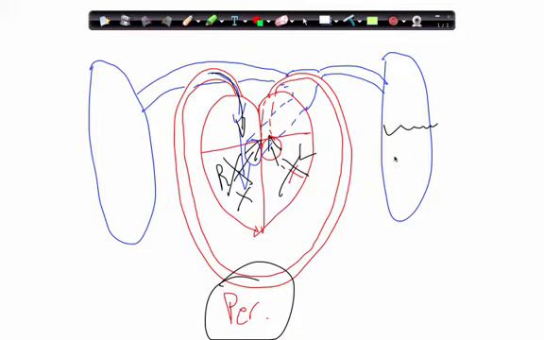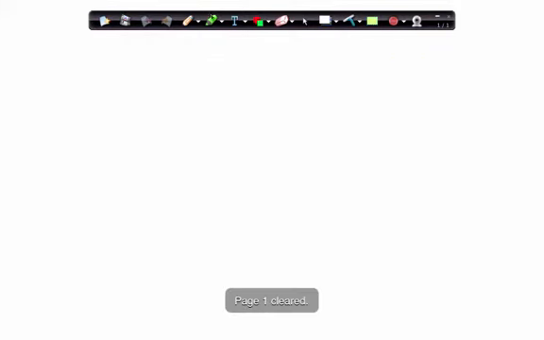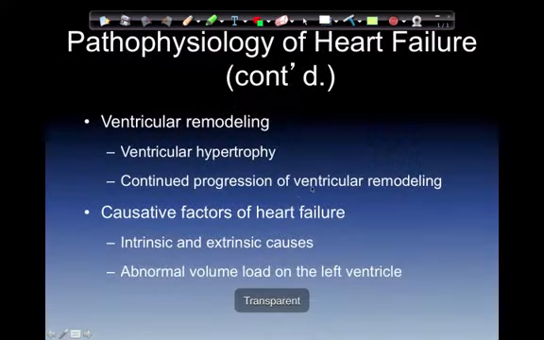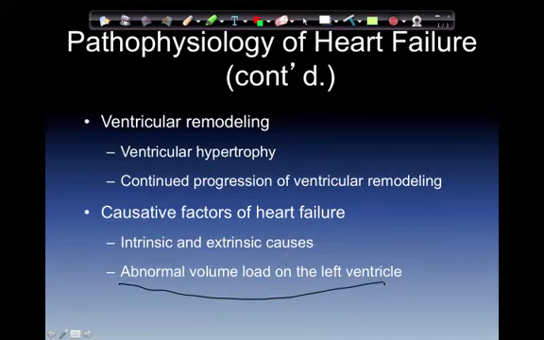So if you're in left heart failure, from whatever the reason, you're going to have pulmonary edema. If you're in right heart failure, you're going to have peripheral edema. Okay, so this is what it means here by abnormal volume load on the left ventricles.